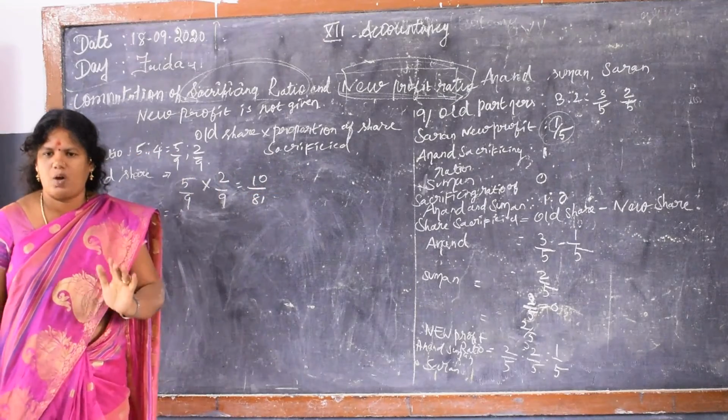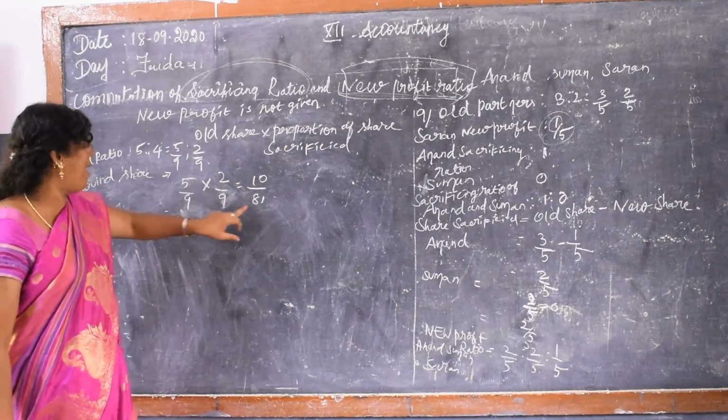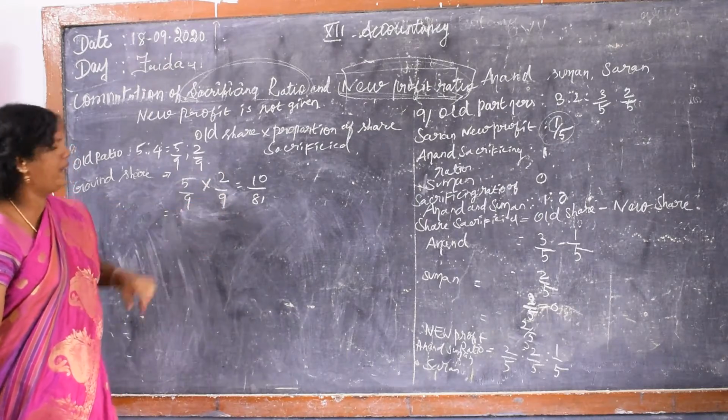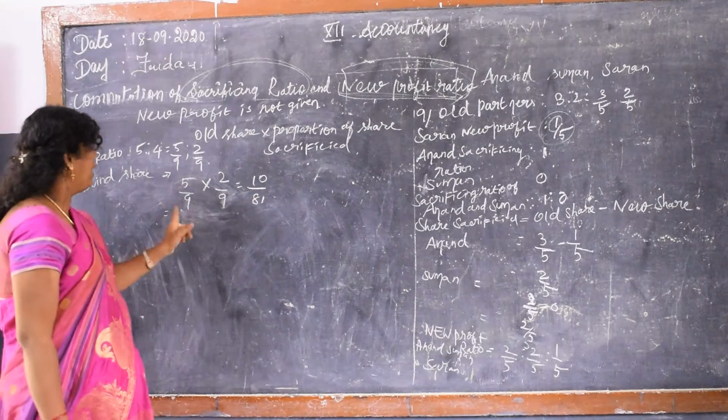That is only a part, not the whole. That part is 2/9. So multiply it: 5 into 2 is 10, 9 into 9 is 81.